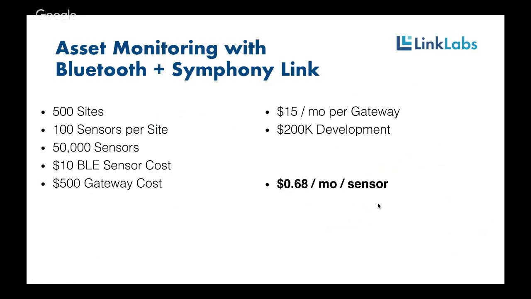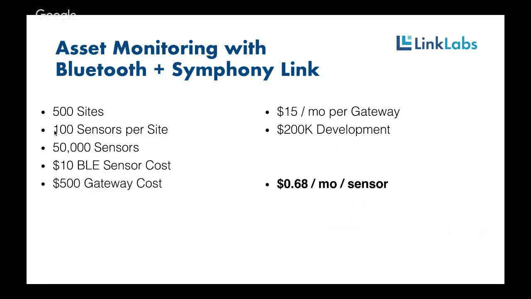If you're looking to monitor a large number of devices on fixed sites, consider using Bluetooth in combination with an LPWAN technology. And here's why. If I have 500 sites, each with 100 sensors, which give me 50,000 sensors, just 500 times 100, and those sensors cost me $10 each, which I think for a Bluetooth low energy sensor is achievable. They're globally available. There's all sorts of sensors out there.